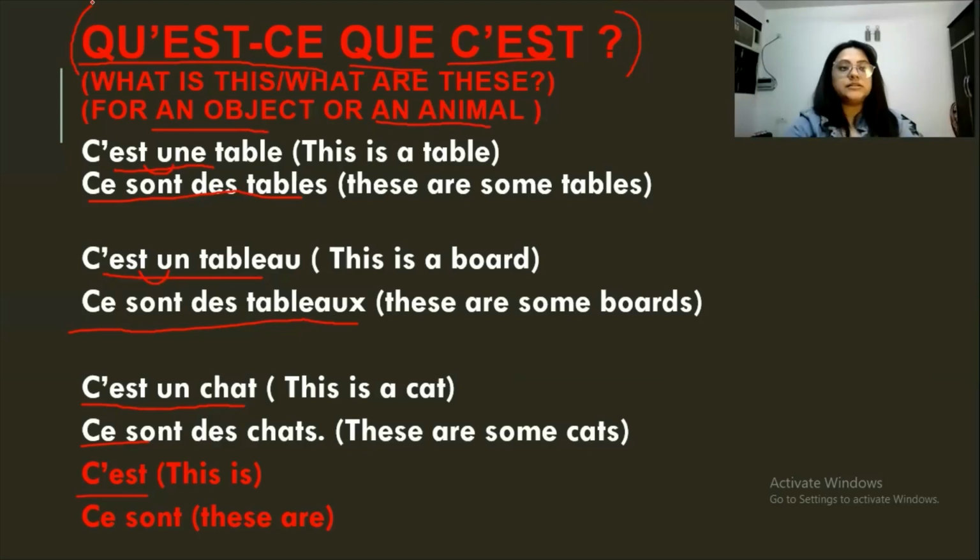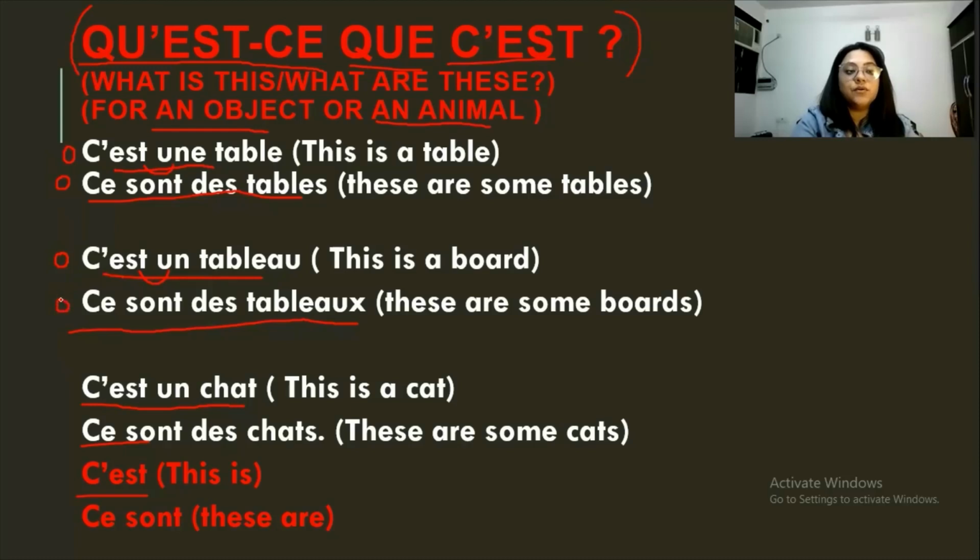Let's understand the pronunciation once again. Donc, qu'est-ce que c'est? C'est une table. Ce sont des tables. C'est un tableau.